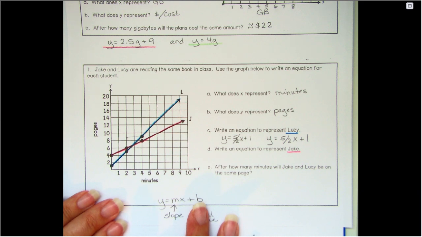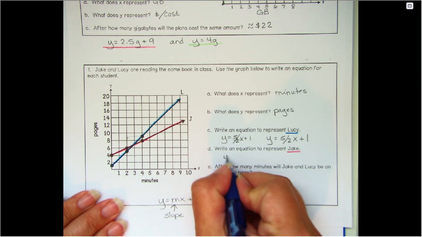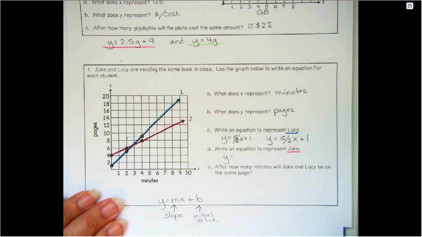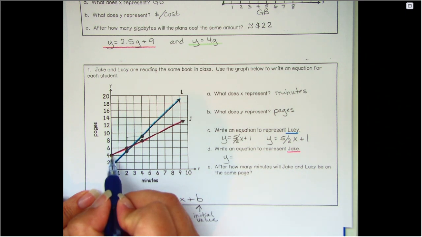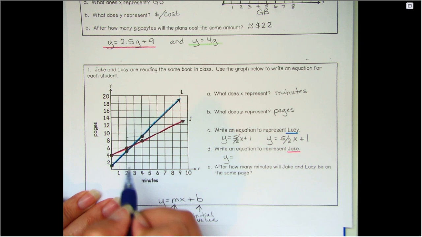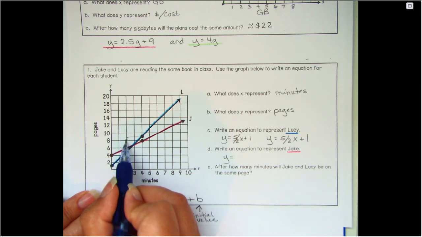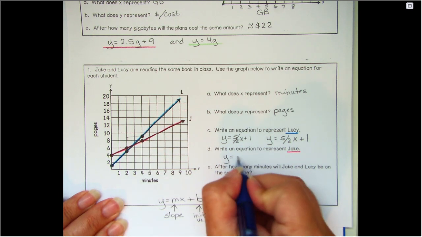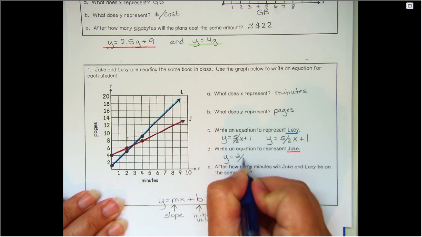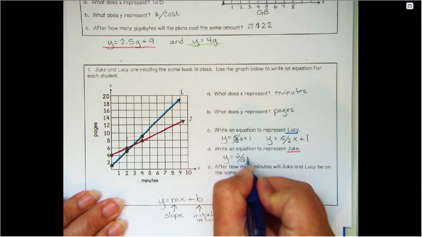For Jake's, y equals, well, what's his rate? He goes from 4 to 6, he rises 2, and he takes 2 minutes to do that. So rise over run is 2 over 2.